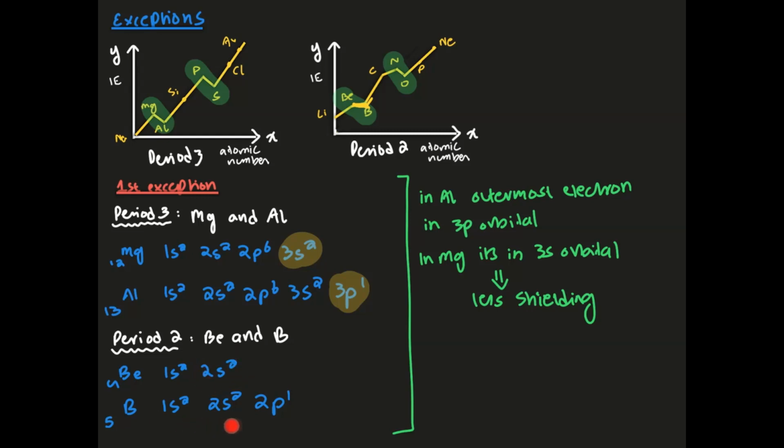So boron is going to experience more shielding, so boron is going to have a lesser ionization energy than beryllium. So these were the two exceptions that we discussed. This is basically the first exception, and we talked about the two examples. So the first exception is in terms of shielding, and there's another exception which is in terms of electron pair repulsion, and we're going to talk about that on the next slide.